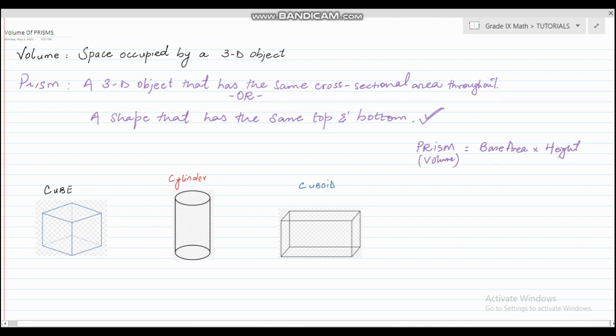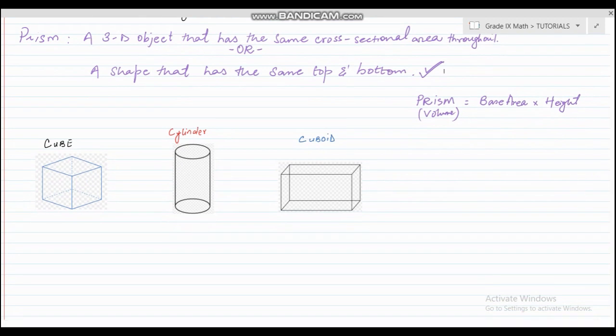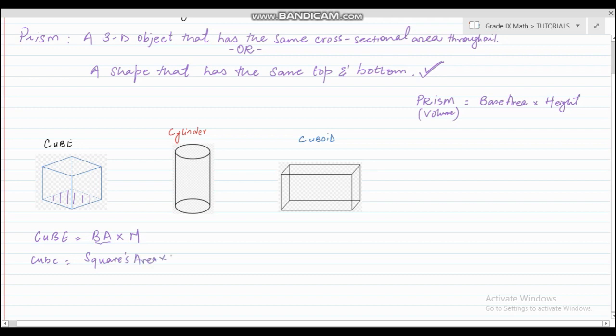Now I will proceed and make formulas for the specific shapes. So let's find out for the cube. A cube is a prism, so it follows the criteria of base area multiplied by height. Now what can I write instead of base area? The base of a cube is a square, so it could be written as the square's area multiplied by height.